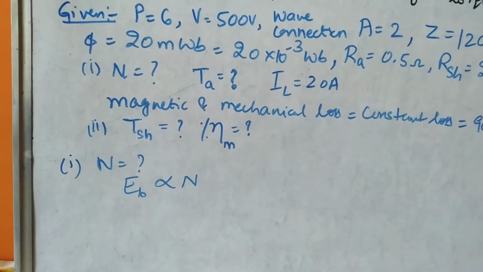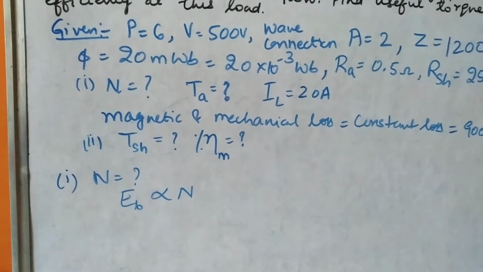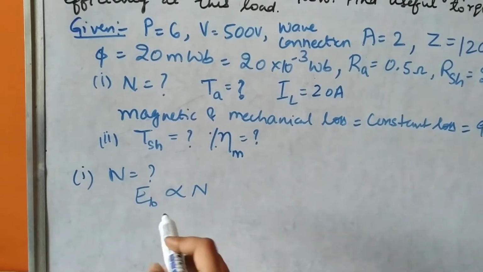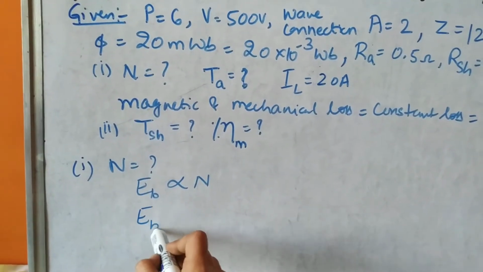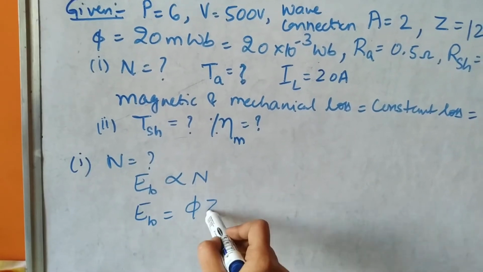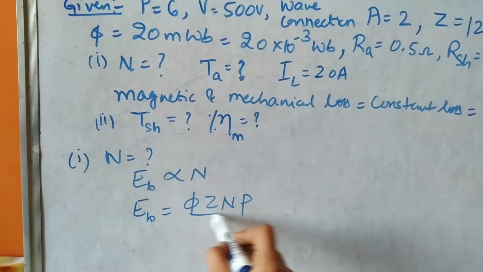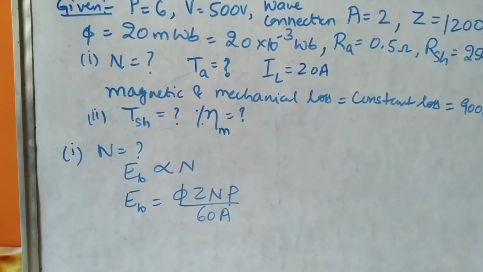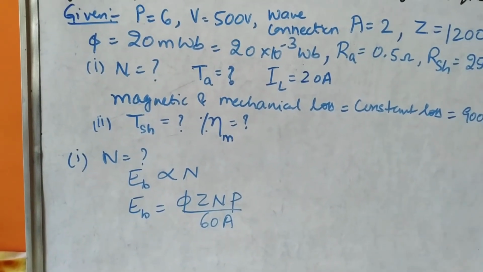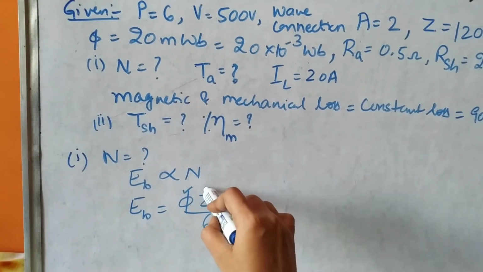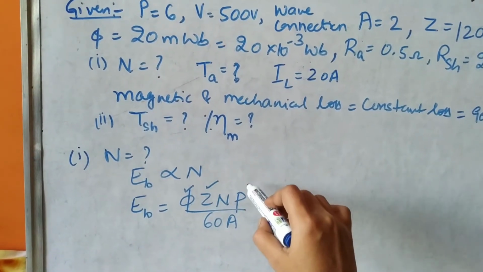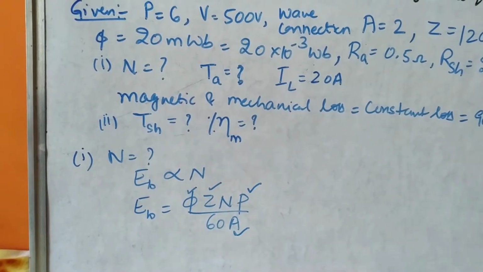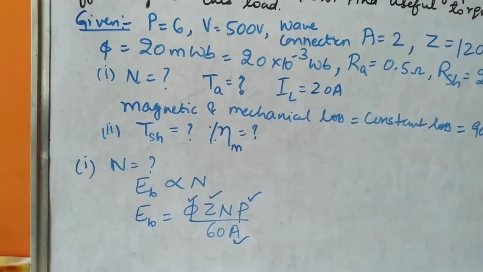The EB formula is EB is equal to phi Z N P divided by 60 A. The flux is given, Z is given, the number of poles is given, and A, the number of parallel paths, is given.